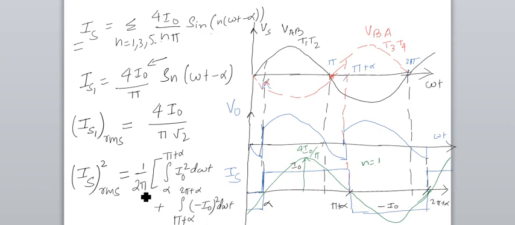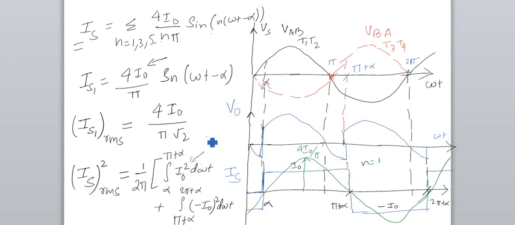You just integrate it and put in the value 2 pi. So here it will be I naught square, and you will get pi plus alpha minus alpha, so that will be pi here.